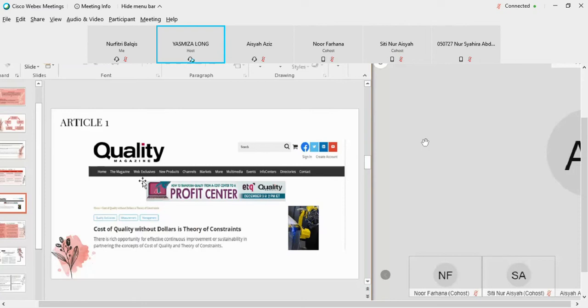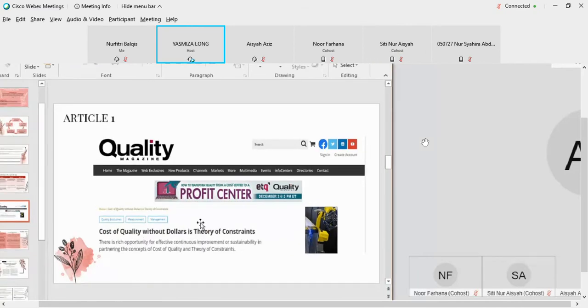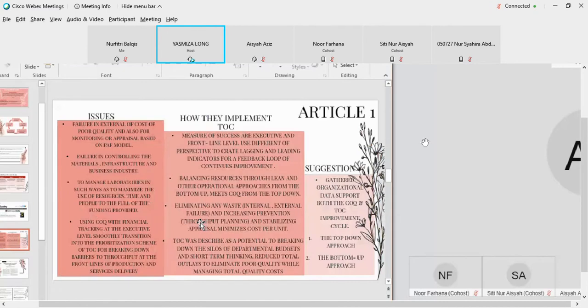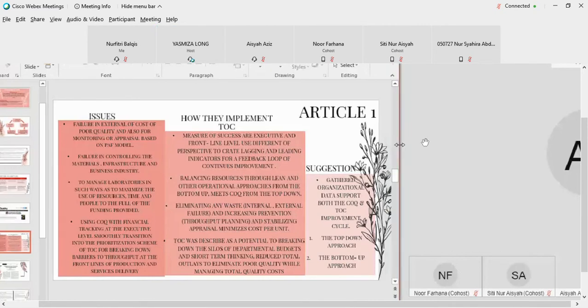These articles are from which industry? Who wants to answer? Hello? Can you hear? Yes, we can hear, Doctor. So this article 1, which industry? Can you tell a little bit about the background of this article 1?